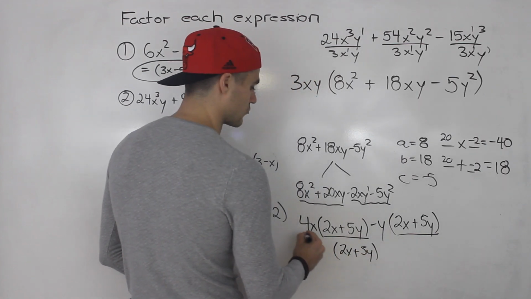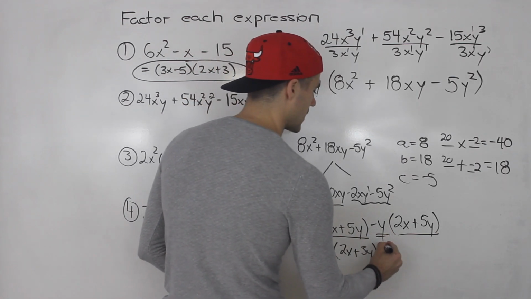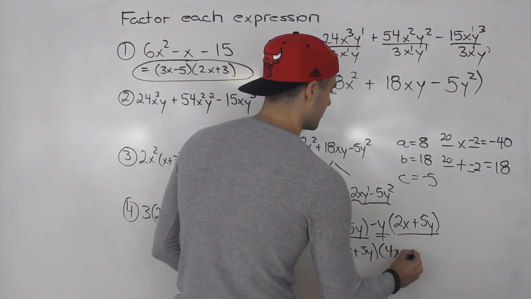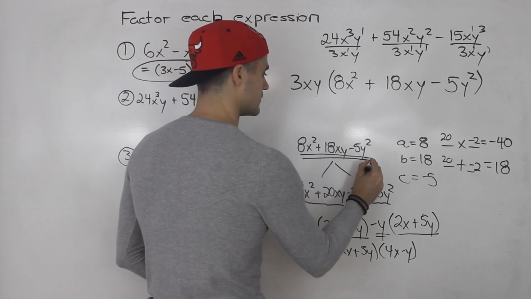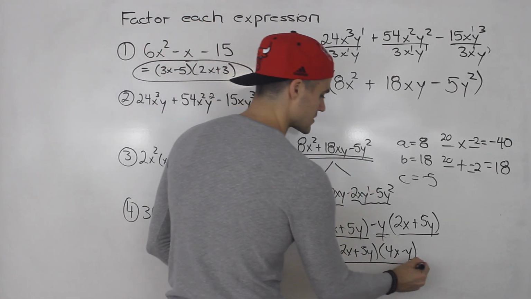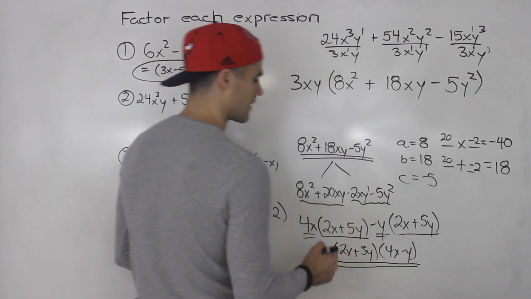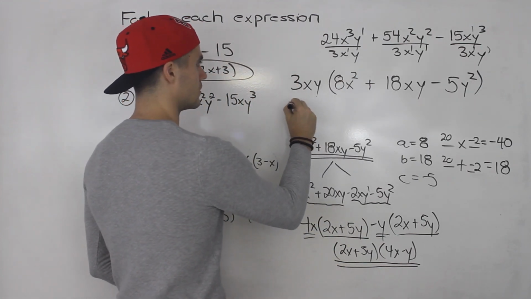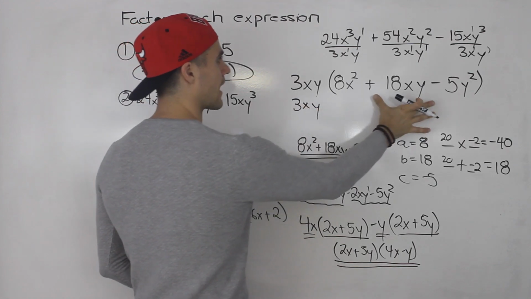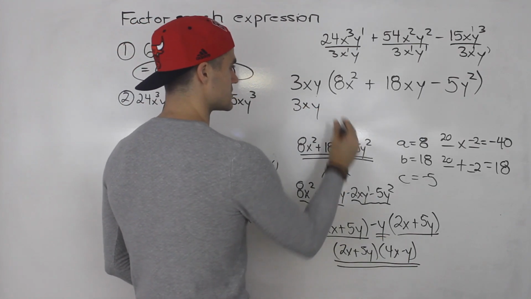And what would we be left with? 4x minus y. So this expression here factors to this expression there. So now going back to our original, we got 3xy, and then this bracket we factored into these two brackets.